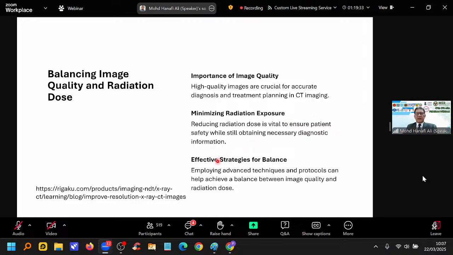So an effective strategy for balancing this. In those days, when I did my research in early 2001, for example, for the Malaysian population, I found a very large variation of exposure parameters used. And normally at that time, they used whatever protocol was already there.